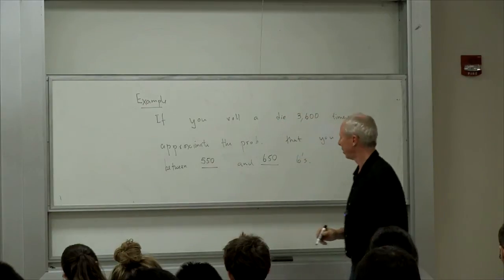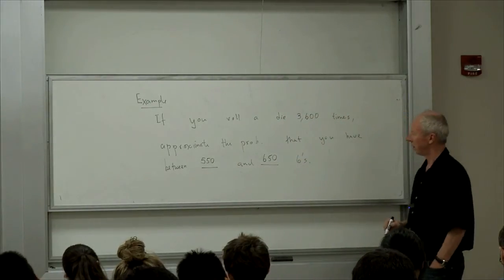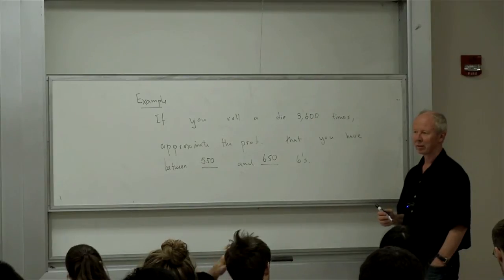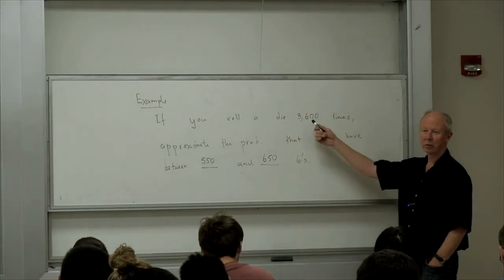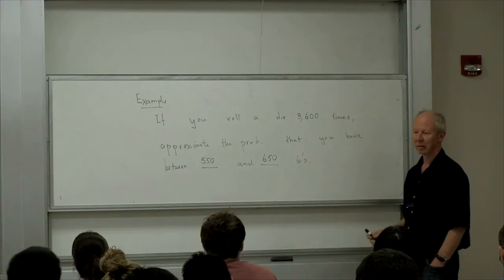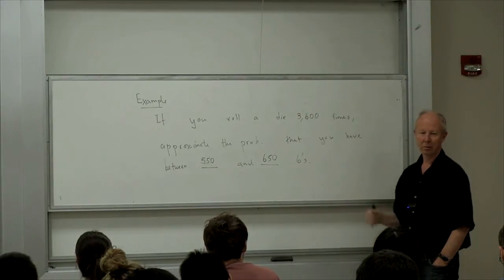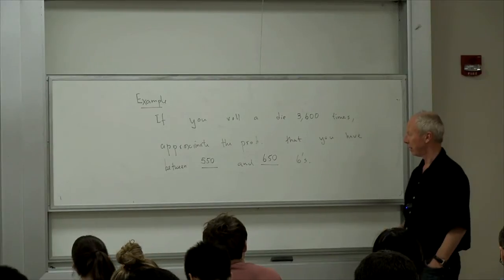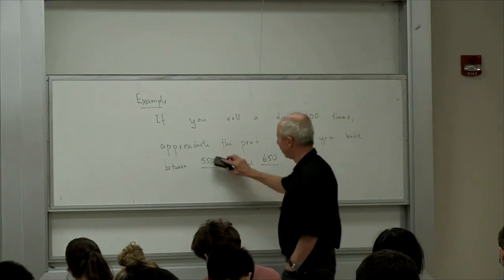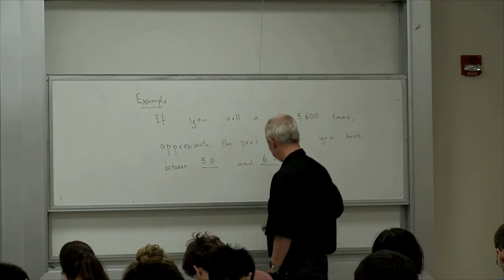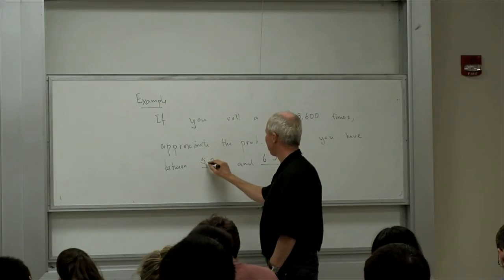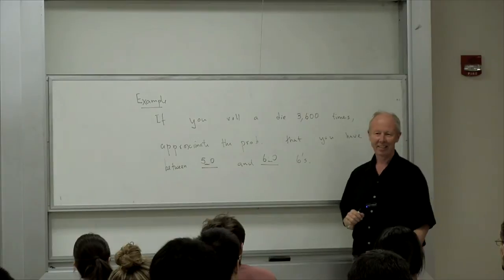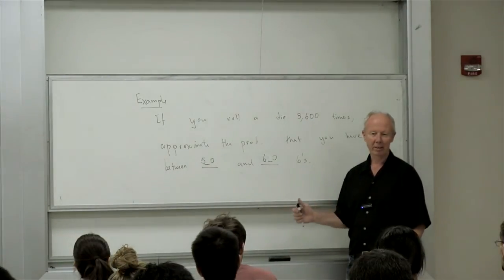And let's compute the probability that you have between 550 and 650 sixes. How many sixes would you expect in this many rolls? 600. So we want to know something like that. And I'm probably driving you crazy, but let's leave this digit open for a minute, because I want to find nice numbers.